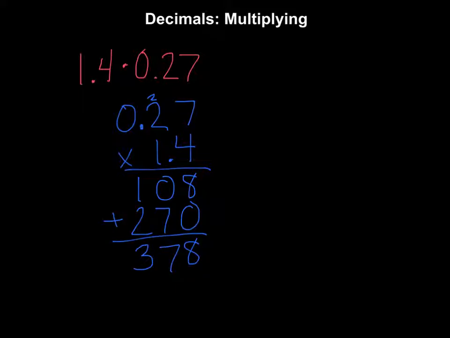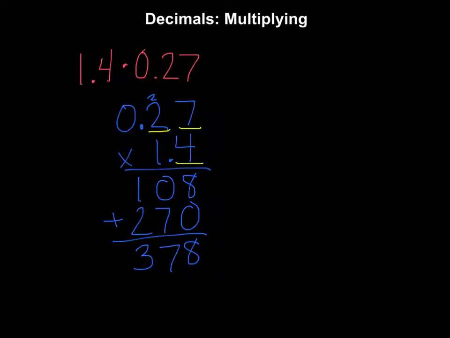Now, this is where we need to take into account our decimals. So to finish this off, I need to count up the number of decimal places in each of my factors. So decimal places will be each digit after the decimal. So in my first factor, I have 1, 2 decimal places, and in my second, I have just 1.